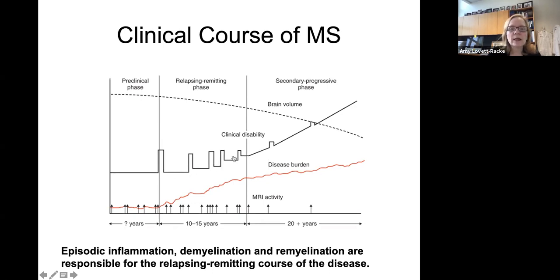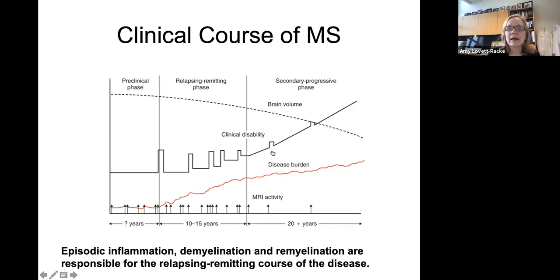But almost all patients will switch from this classic relapsing remitting course to a progressive phase, which we call the secondary progressive phase, where in addition to the relapses, they're continuing to progress neurologically, accumulating neurological deficits even without the obvious induction of new inflammatory lesions.